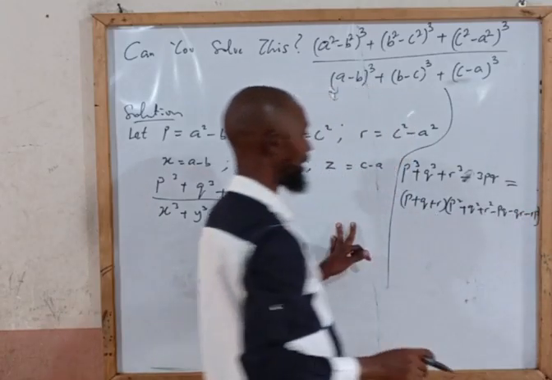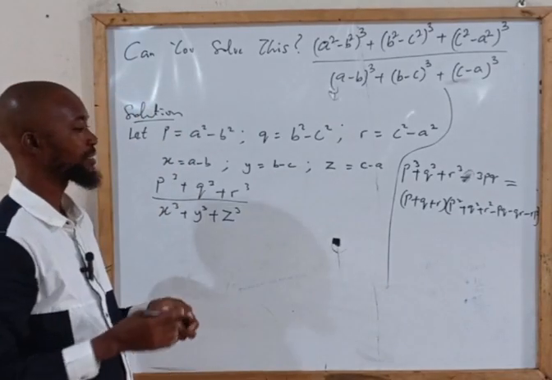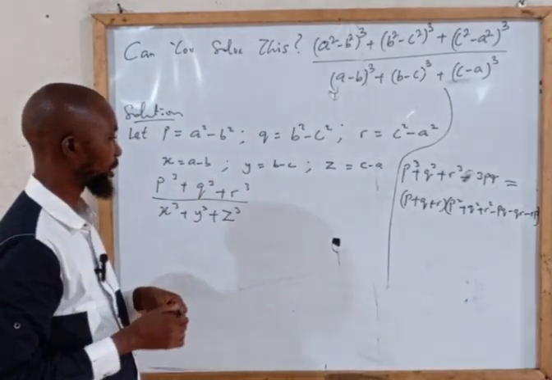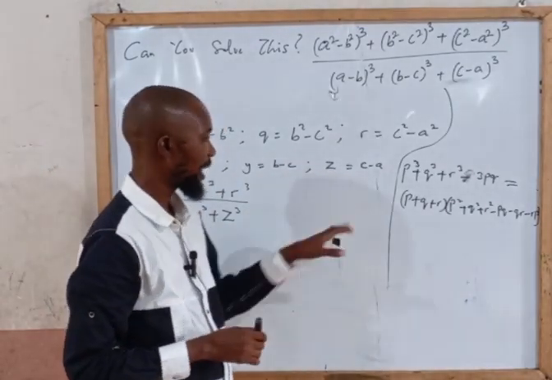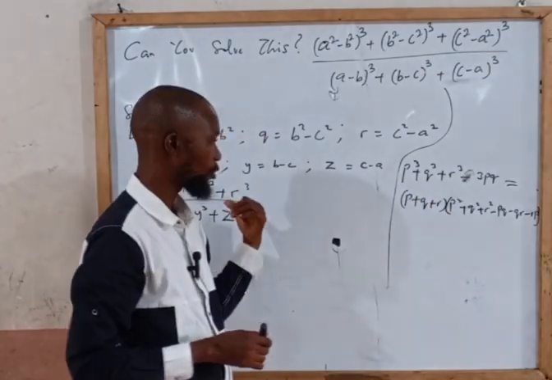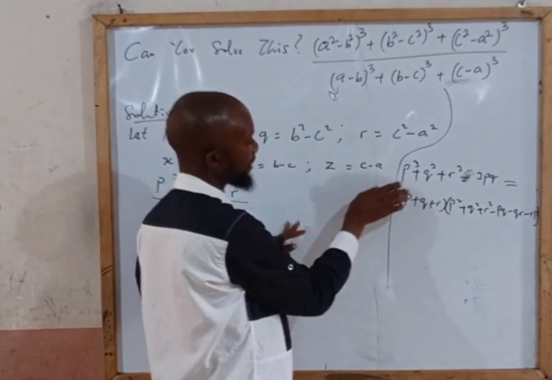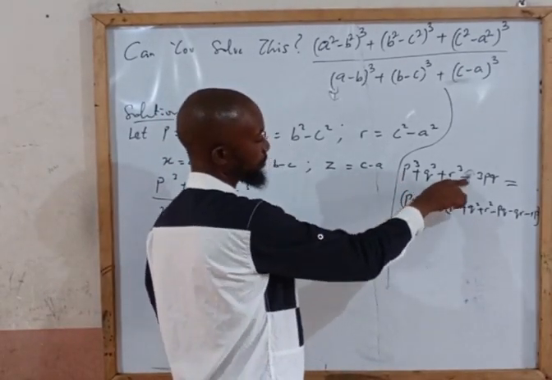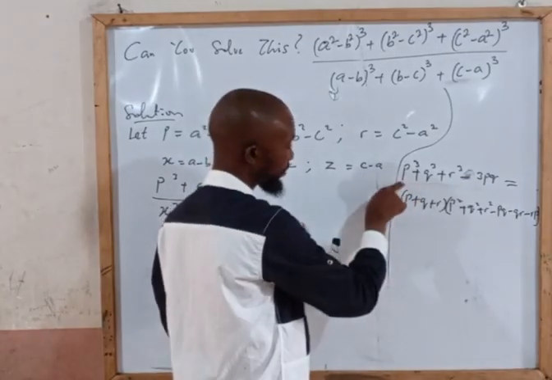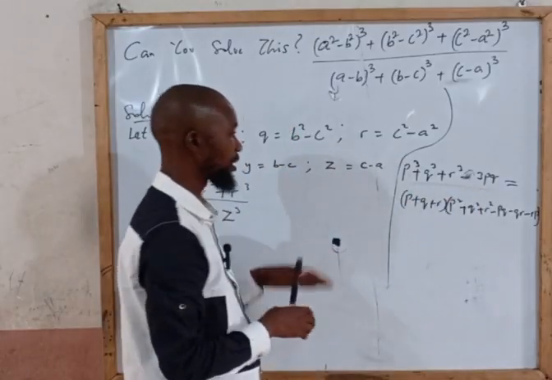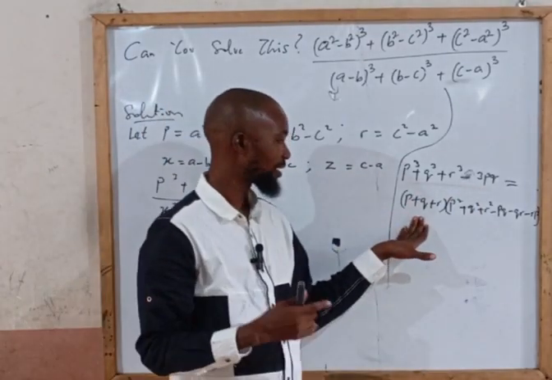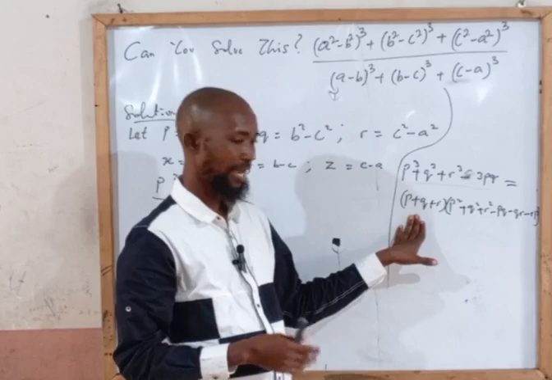So we have an identity which has this pattern. We want to check whether this thing holds. Then I have to explain this one before we go back into what we are doing. What this is telling us is that when we have a cubic expression of this form, we need to check what we have on the right hand side of this identity.